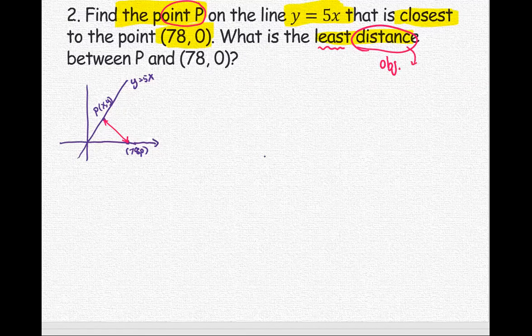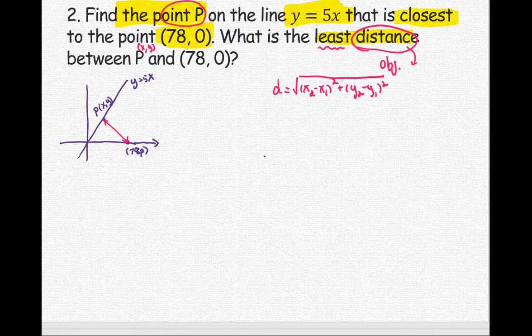So look for the equation for the distance between two ordered pairs. The first ordered pair, x comma y, second ordered pair, 78, 0. As you recall the distance formula, d is the square root of the change in x, x2 minus x1 squared, plus the change in y, y2 minus y1 squared.